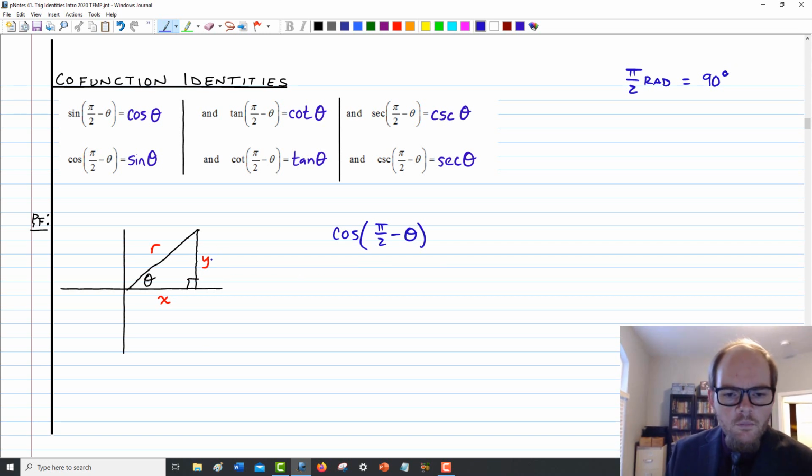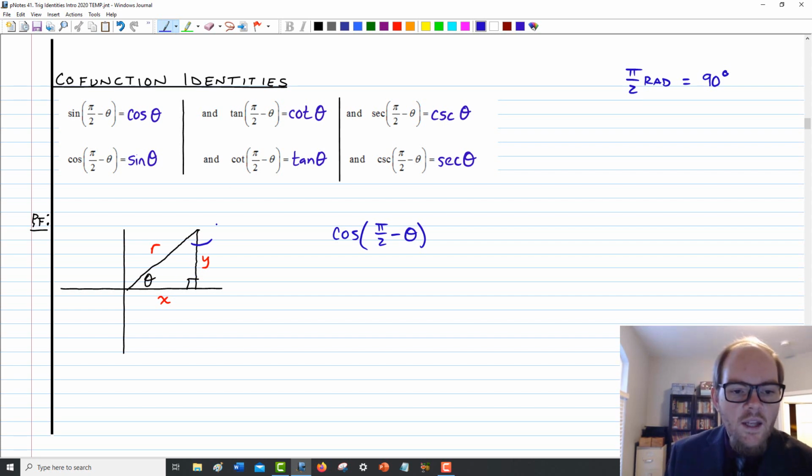So if we want to figure out what the cosine of this angle, pi over 2 minus theta, is, we need to think about where in the triangle it could actually be. This is theta, and this angle is 90 degrees, or pi over 2 radians. What that means is that we can figure out what this angle's measurement would be relative to those other two.